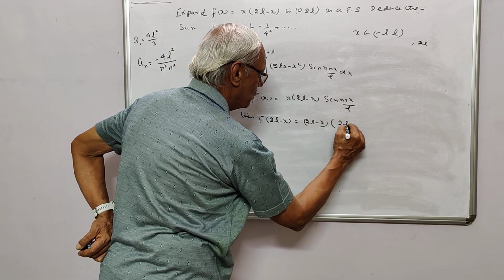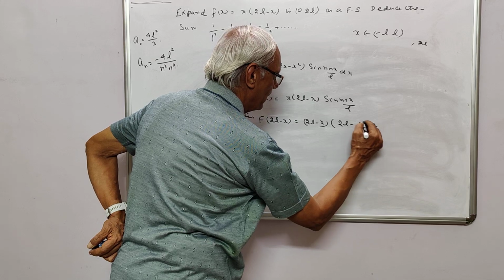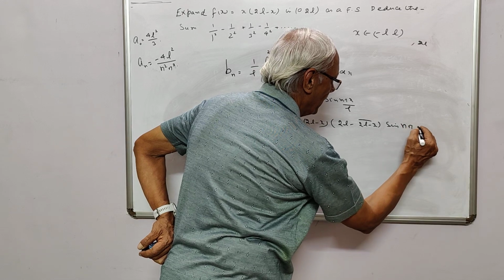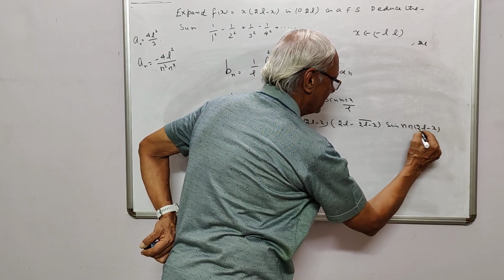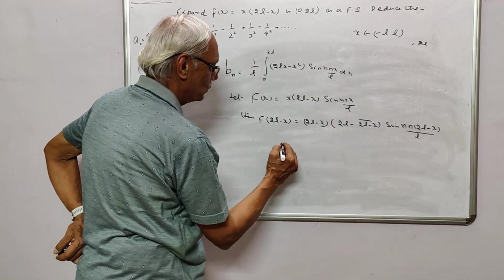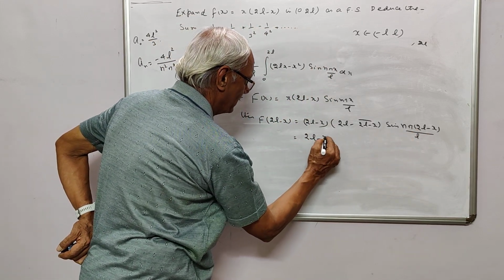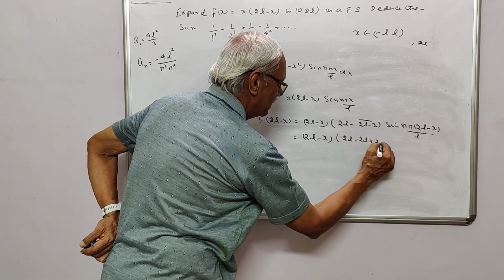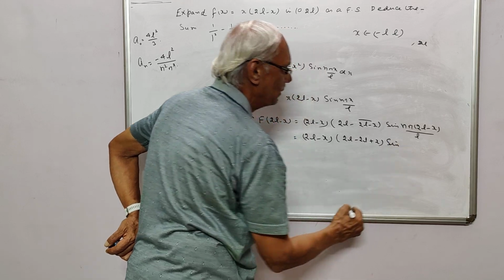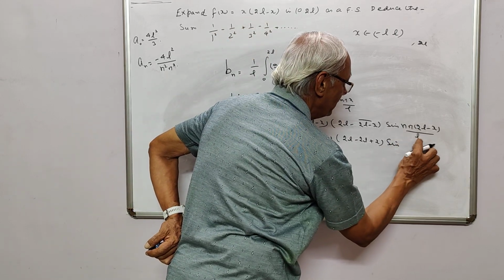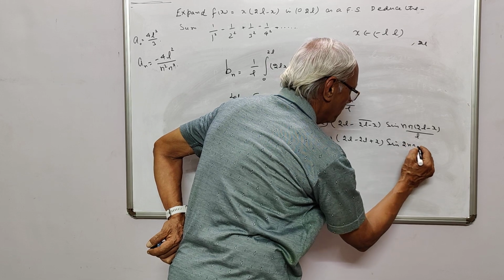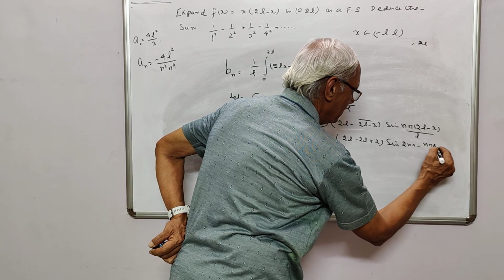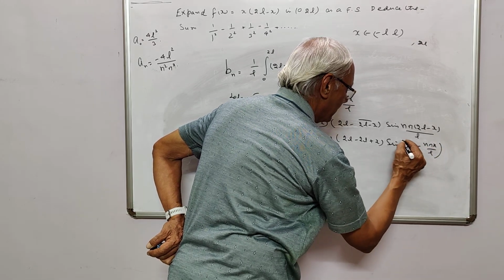So it is 2l minus x into 2l into 2l minus x into sine of n pi into 2l minus x divided by l. So this is equal to 2l minus x, it is 2l minus 2l plus x, into sine of 2n pi minus n pi x by l. This is what you will get.